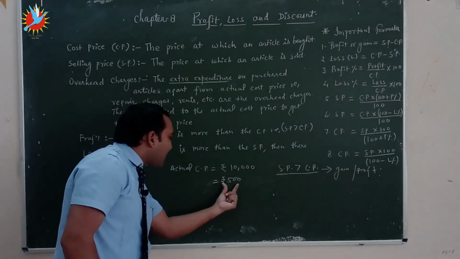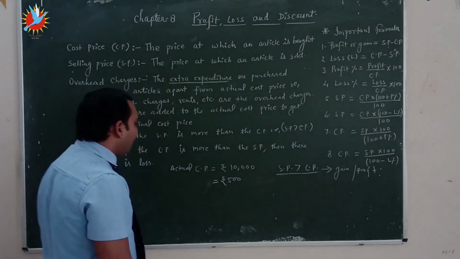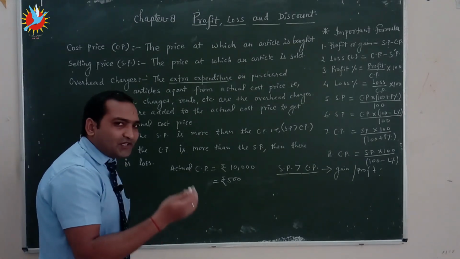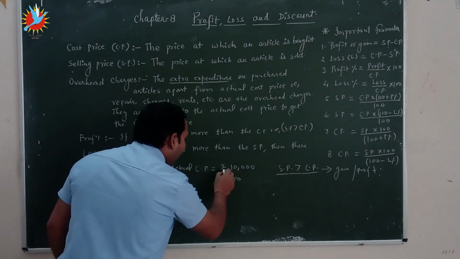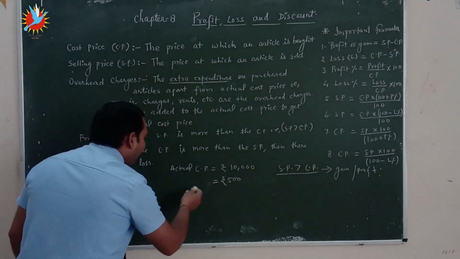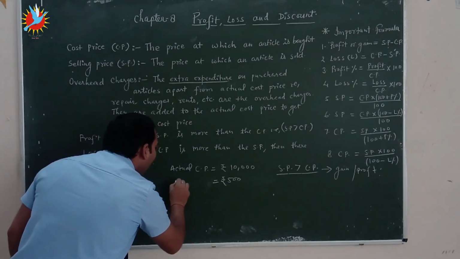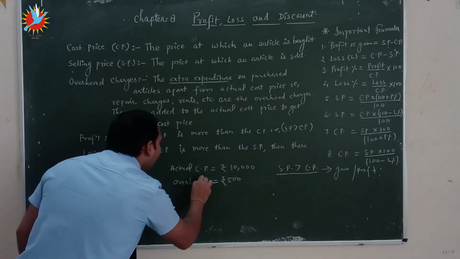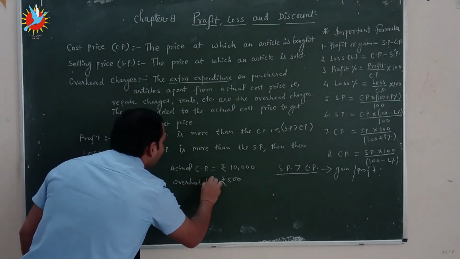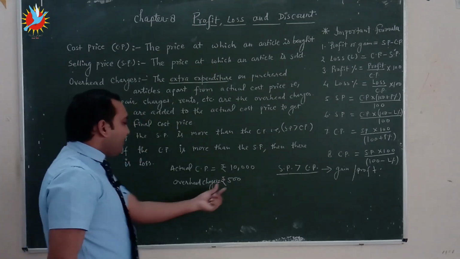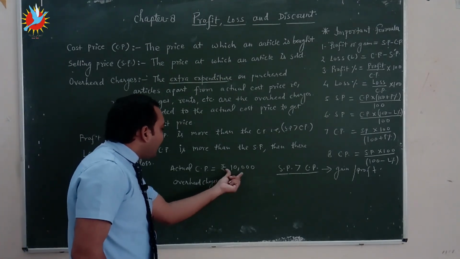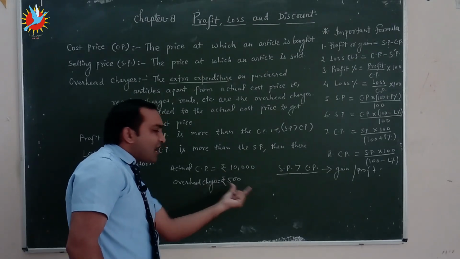So this extra repairing charge, or anything else we purchase for the mobile phone, is called the overhead charge. So we spend 500 rupees extra beside the actual cost price.